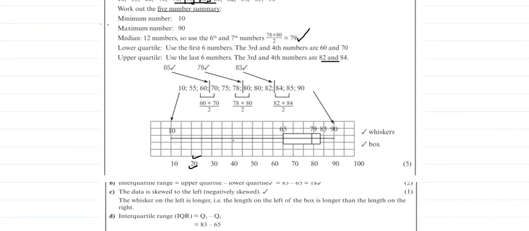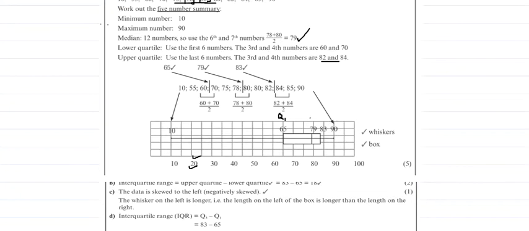Now we plot our minimum value 10. We need a scale at the bottom going in tens right up to 100. Our lower quartile Q1 is 65, that's Q1.